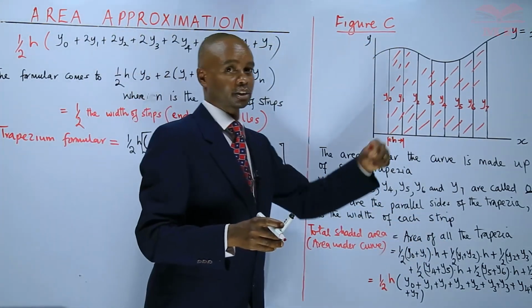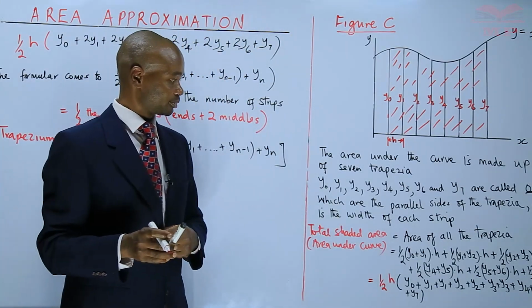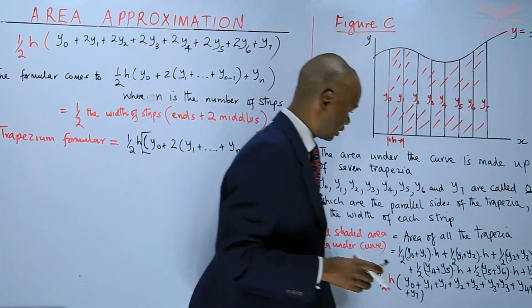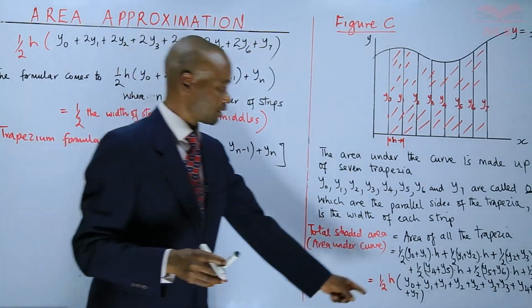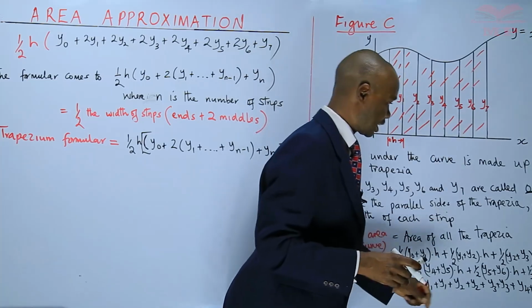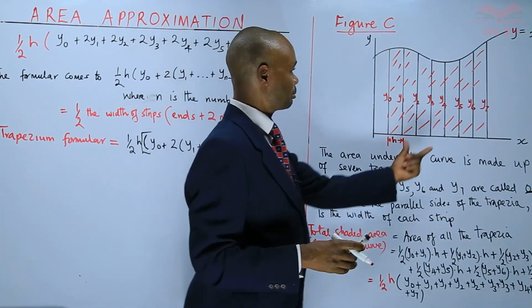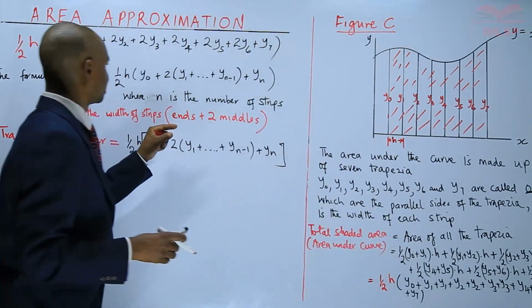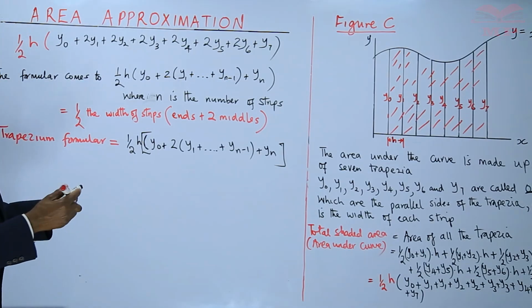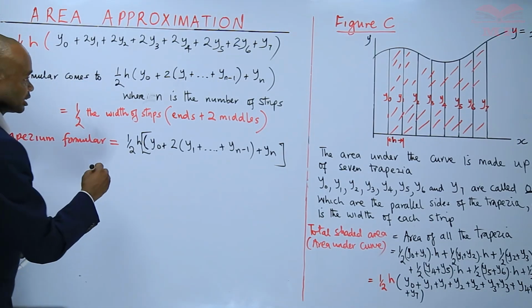So we took each of the strips to be a trapezium, and we got its area. On factorizing, we found that the first ordinate and the last ordinate appeared once, and the middle ordinates appeared twice.